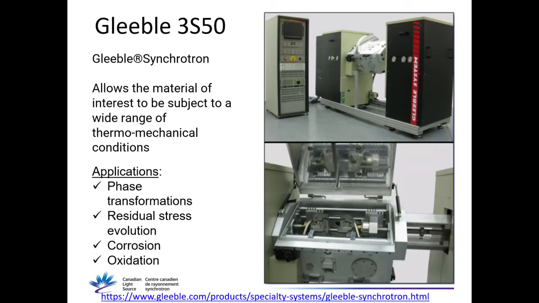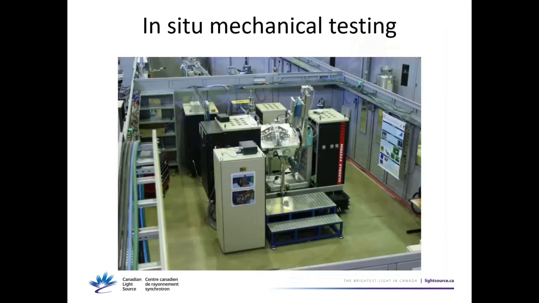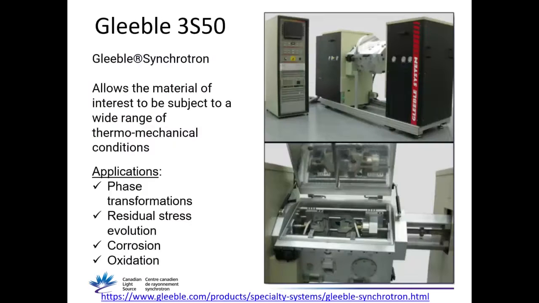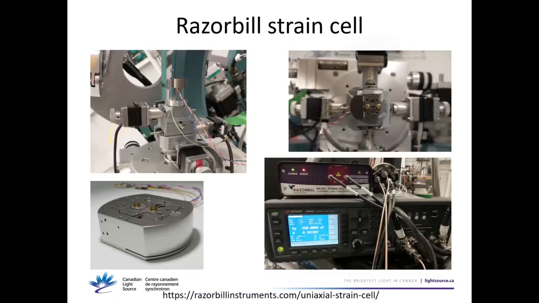And going to the other extreme, so this was a very large machine. You can compare to the size of the Hodge. Going to the other extreme, we have a user in July coming with this. It's about this size. This is a tensile rig for a little sample. So this one is from this commercial vendor here, Razorbill.